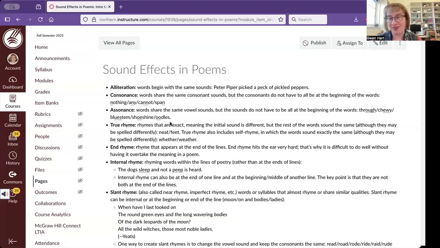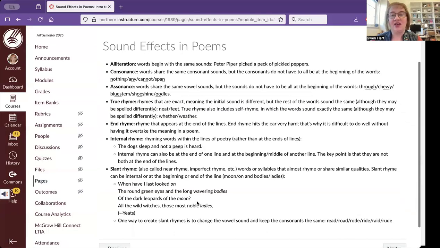So it's not how they're spelled, it's the sound. And at the same time, there are words that can look the same. We call them sight rhymes, but we're not really going to focus on that because we're focusing on ears this week. They can look as if they should rhyme and they don't when you say them, right? So just be on the lookout for that.